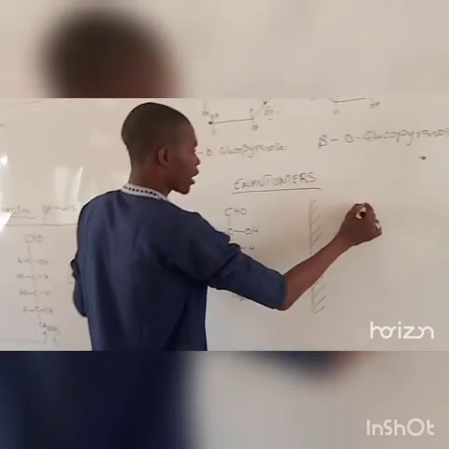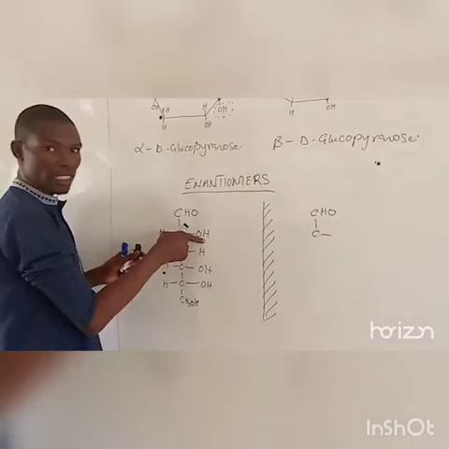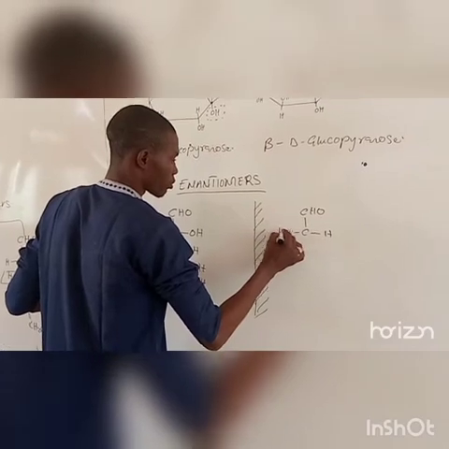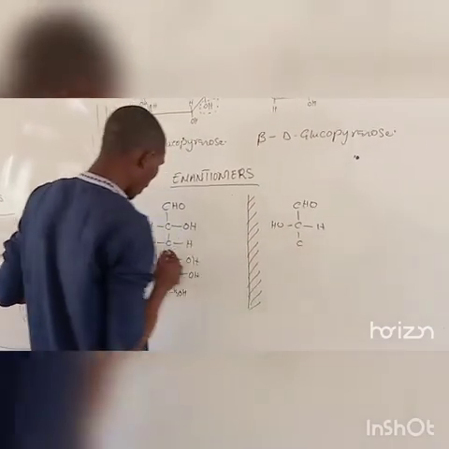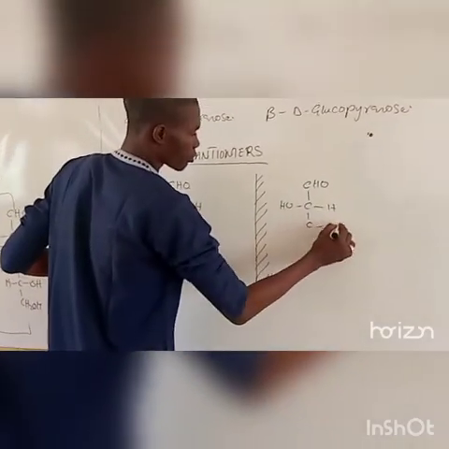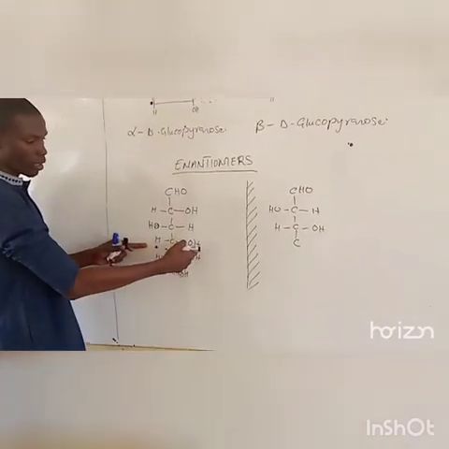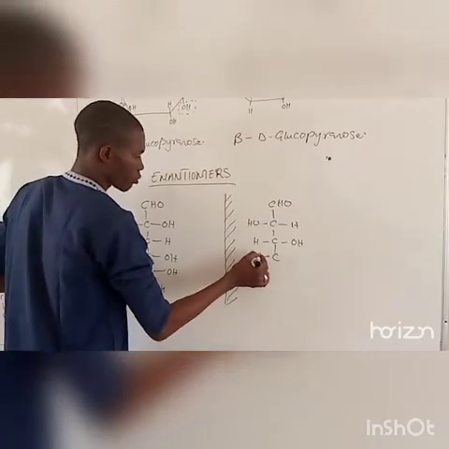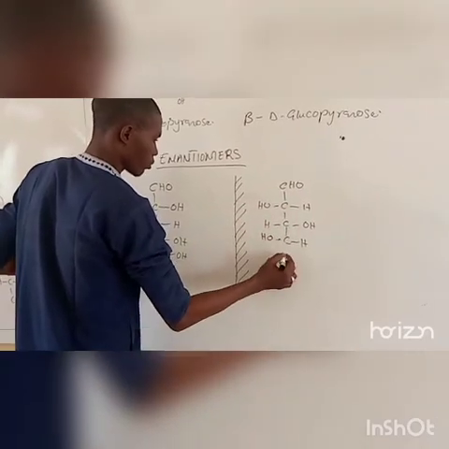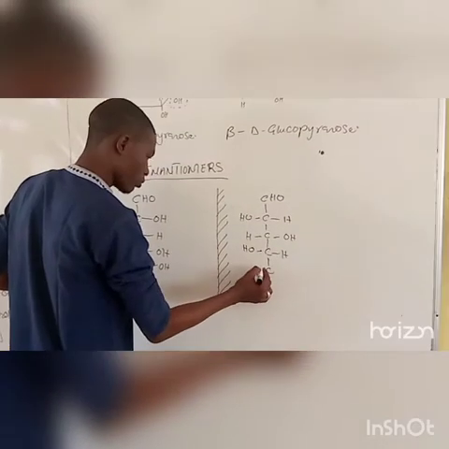So let's see what happens. CHO. Here, the OH is at the right, so now we take it to the left. Here, the OH is at the left, we take it to the right. Here, the OH is at the right, we take it to the left. Here, the OH is at the right, we take it to the left also.